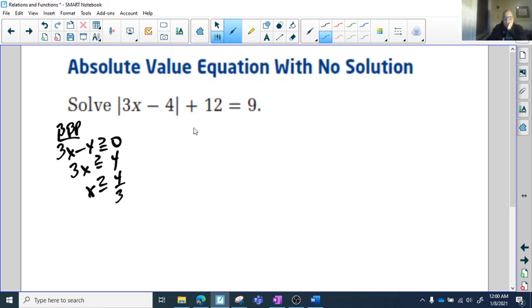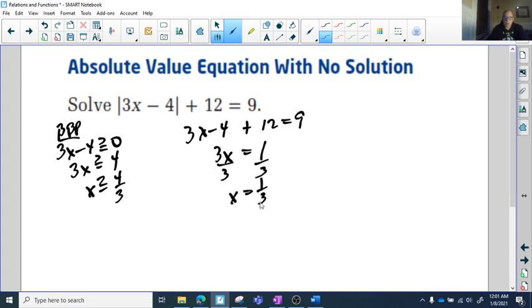So if it's positive, you just solve it as if the bars weren't even there, just regular brackets. So 3x, this will give me 8. This will give me a 1 then when I take that over there, is that right? Plus 8, yep. Divide by 3, I get 1/3. 1/3 is not greater than or equal to 4/3. That's extraneous.